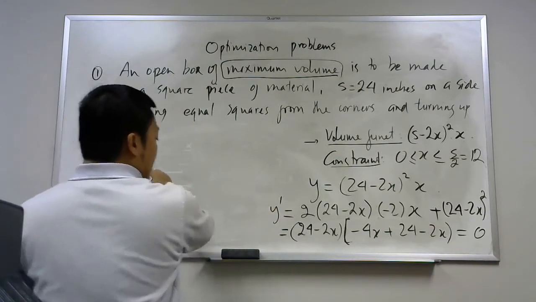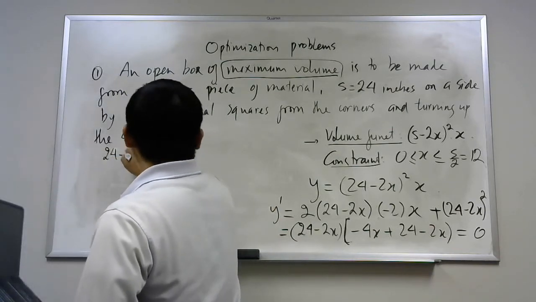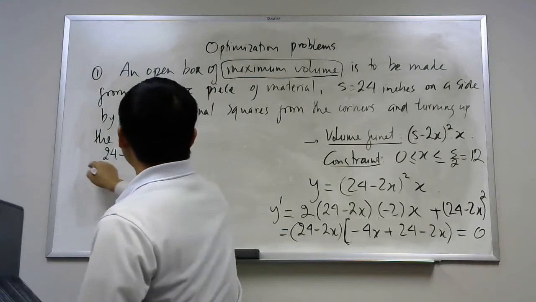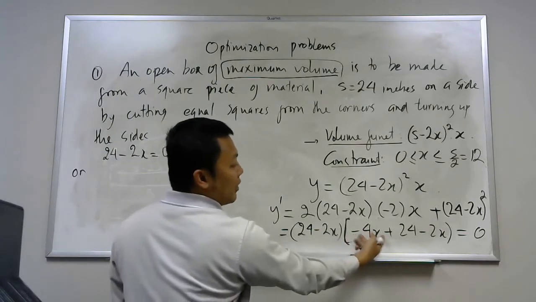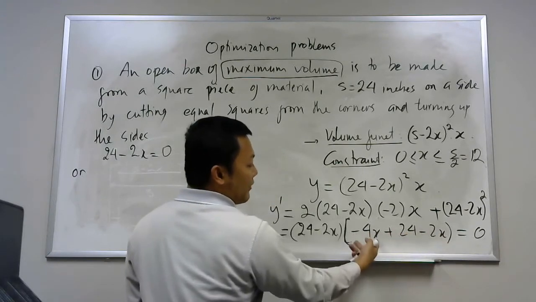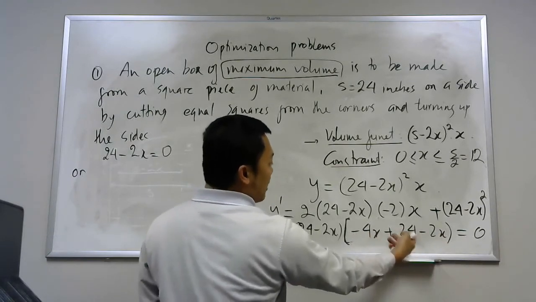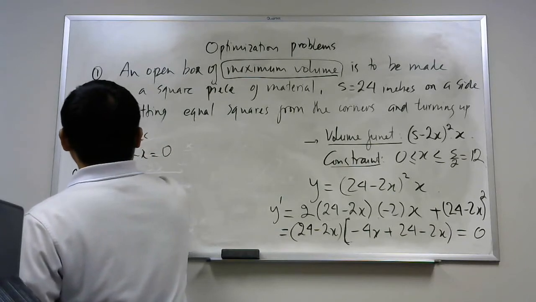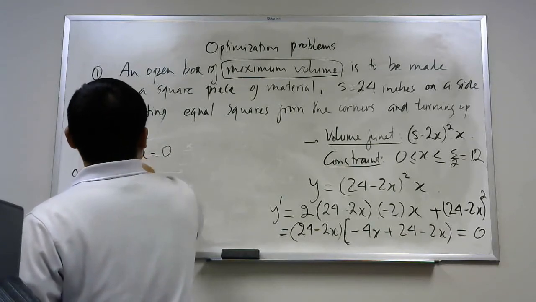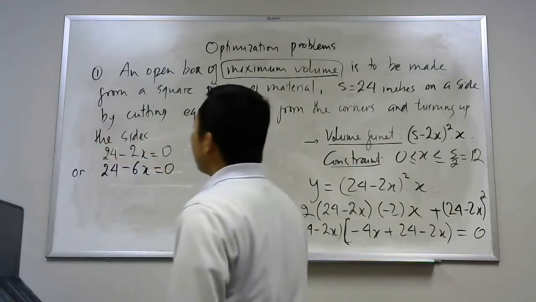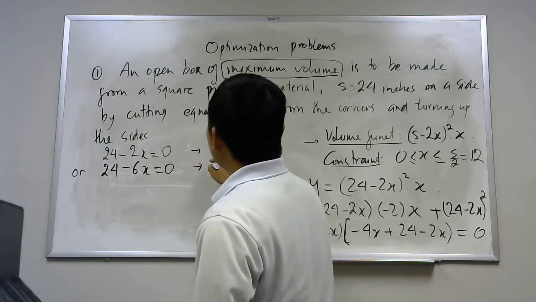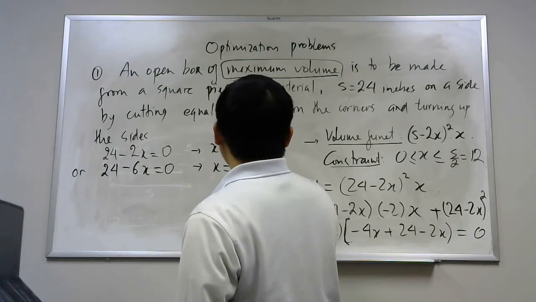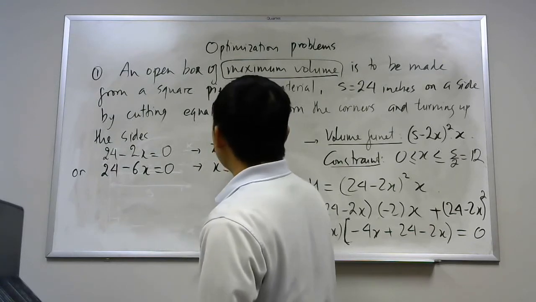From here, you can say that 24 minus 2x equal to 0, or here's -4, right? -2, together I have -6. -6 plus 24. So I write 24 minus 6x equal to 0. From here, I can get x equal to 12, and from here, I get x equal to 4.